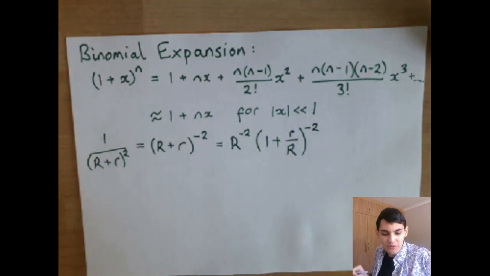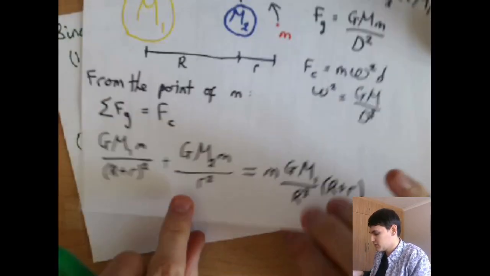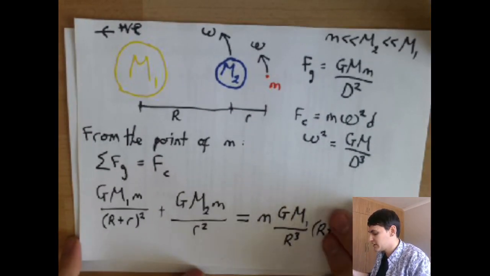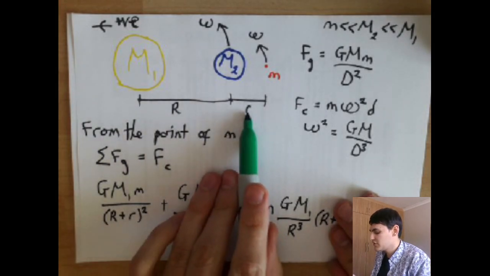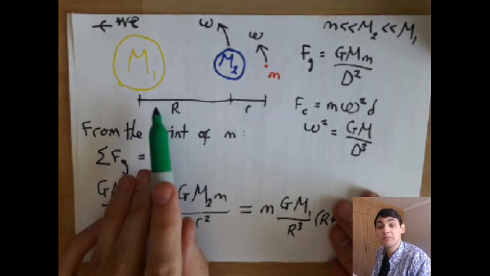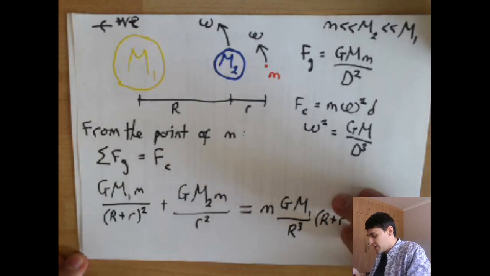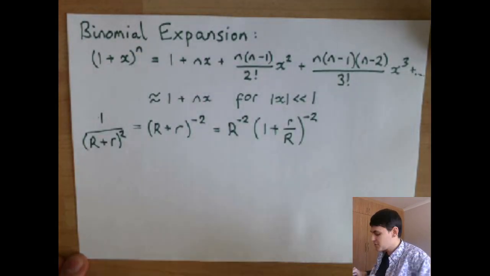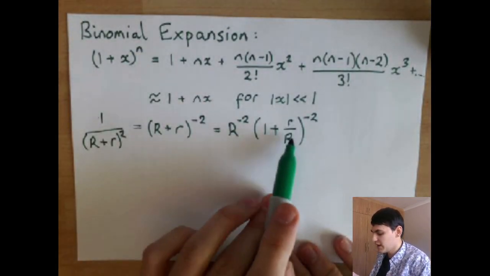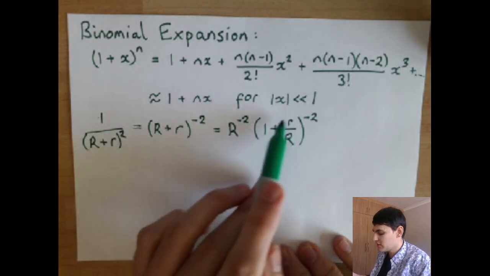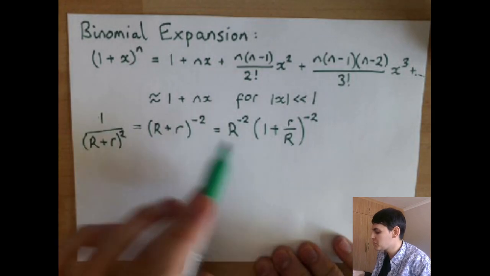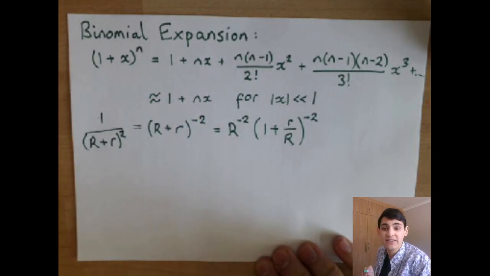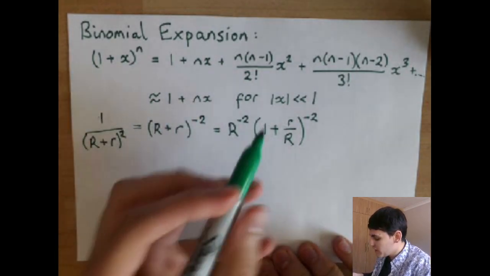Now, if we go back to our setup, we can happily assume that little r is much smaller compared to big R. And that means that when you divide through here, this number is going to be very small. And it's that number that we can use for our x. Okay, so what do we end up with?